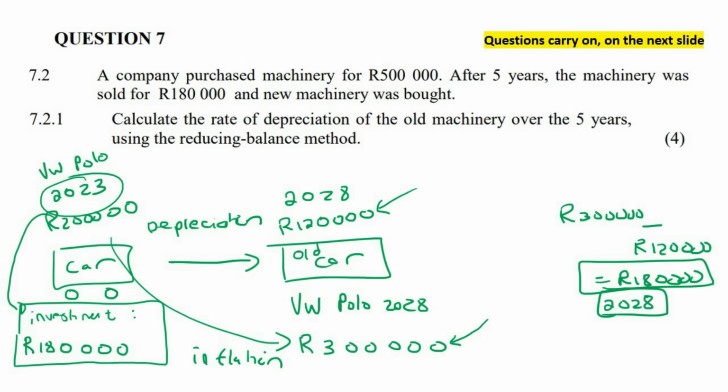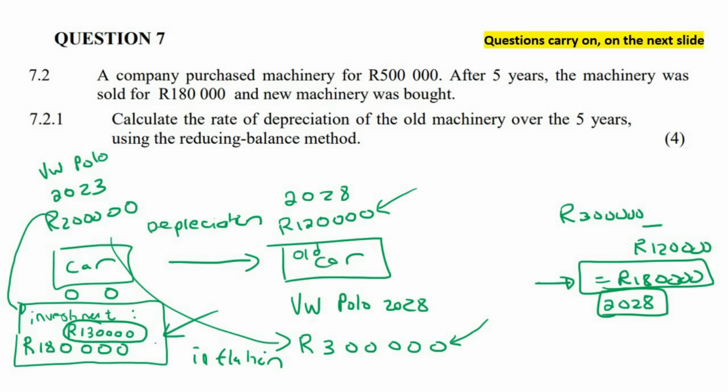So how much money must I give you now in 2023 so that by the time it gets to 2028, it would have grown to 180,000? They're going to do their little calculations, assume a certain rate of growth, and tell him, okay, you can give us 130,000 Rand today, and we will let that money grow over the next 5 years so that by 2028, it'll be worth 180,000 Rand.